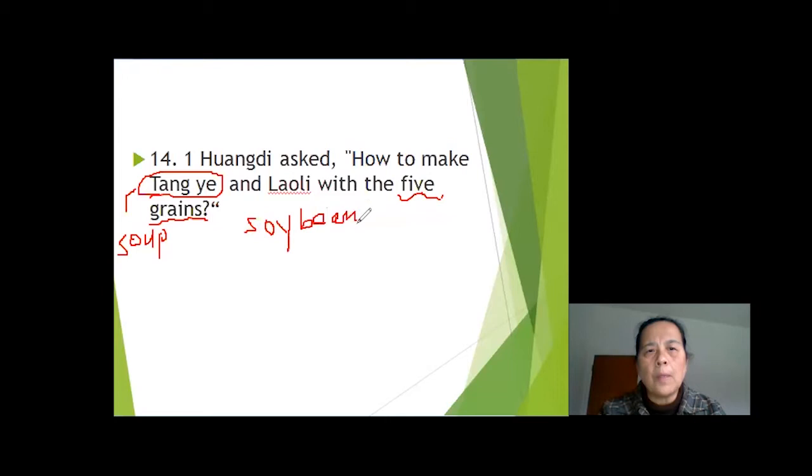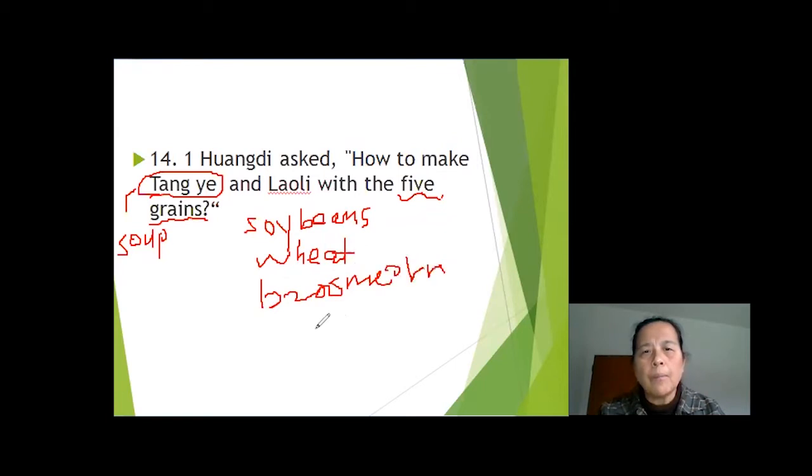Yeah, soybeans, white, and brown, corn, and millet, and rice.